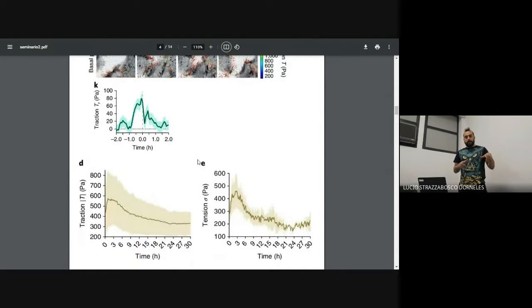Using all the layers of cells, they used machine scientists to obtain this function of traction, which is the pressure inside the cell, and the tension, a function that fits the pressure of the cells and the neighbors. So in this approach, they use images and areas to do that. And this is a different approach from the one I was looking for.